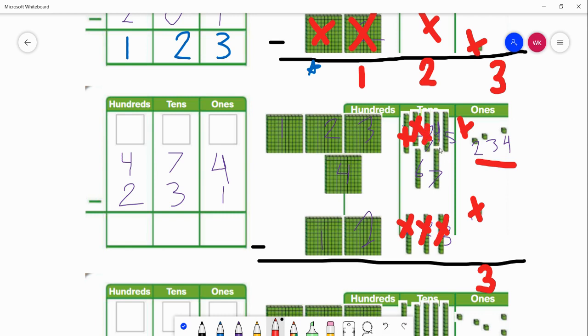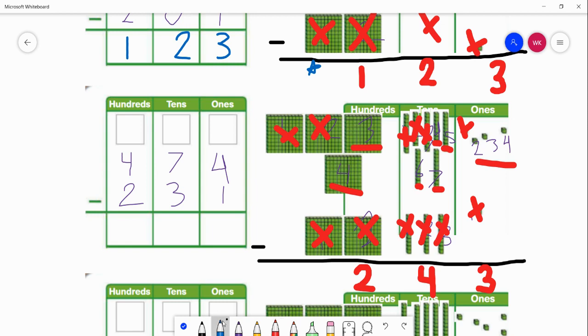Now, as you can see, we have 4 tens left over, so we're going to have a 4 in the tens place. Now we're going to subtract the hundreds. I'm going to take away the ones, take away the twos, and now we have 2 hundreds left over, so we have 200 in that place.